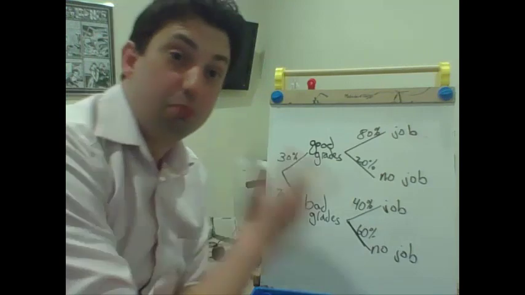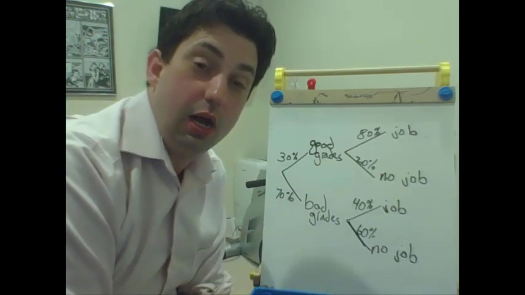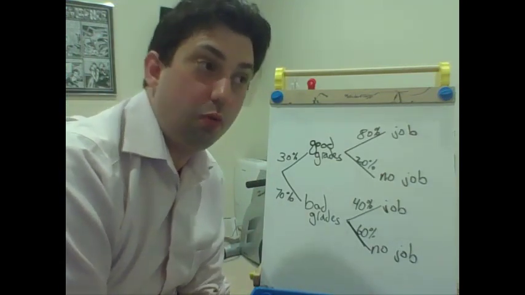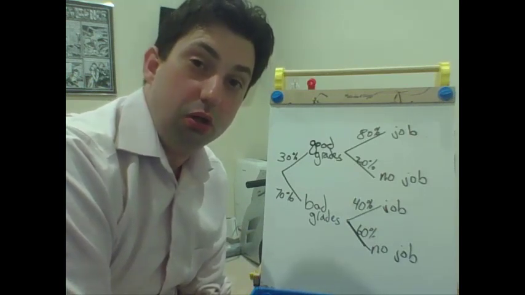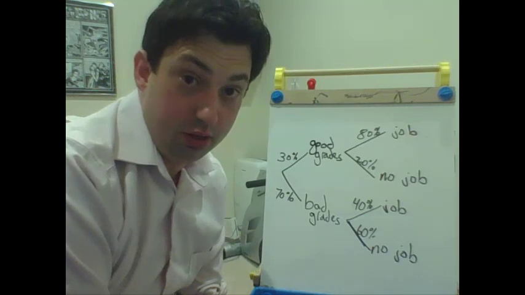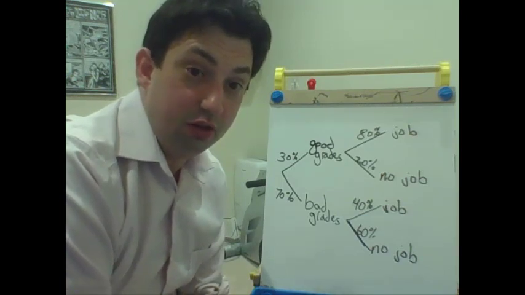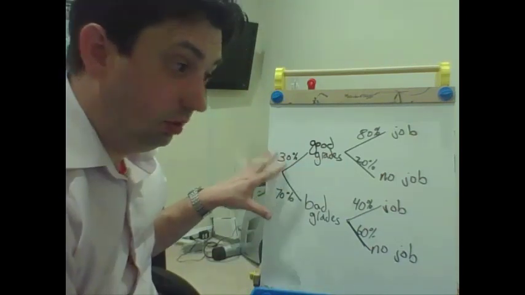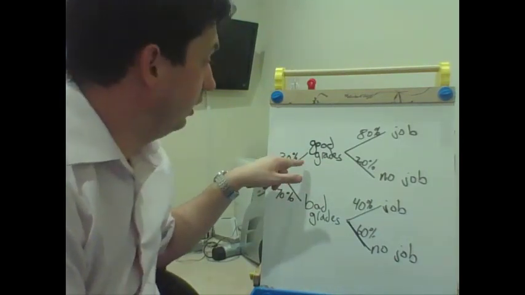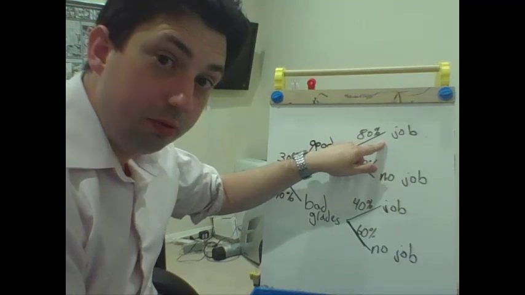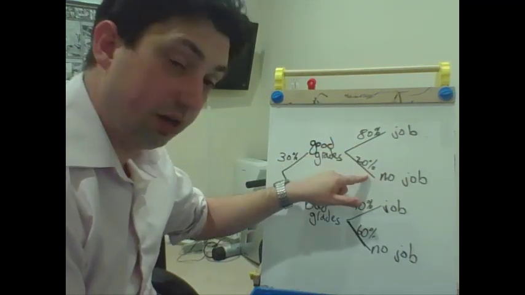Let's do just a really simplified example to show how this works. So let's imagine you're wondering, well, what are the chances that I'll have a job when I graduate? Well, that's conditional on a lot of things. Maybe it's conditional on grades, for example. If you get good grades, then your chance of getting a job is probably pretty good versus not getting it.